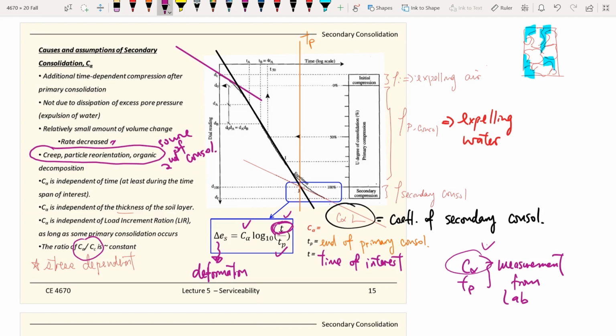The compression index is a very important parameter for settlement analysis. But the ratio between the C sub alpha that you obtain from the lab settlement curve, divided by the C sub C you obtain from the e-log p curve, is a constant. This aspect will be useful for us to estimate C sub alpha, which we will talk about next.